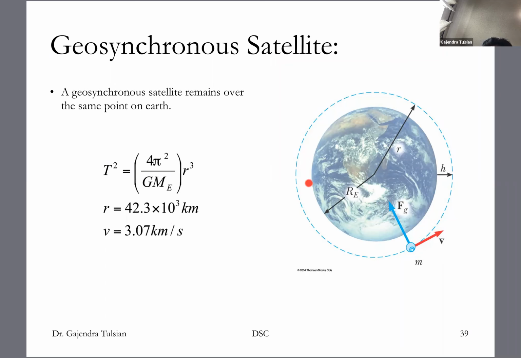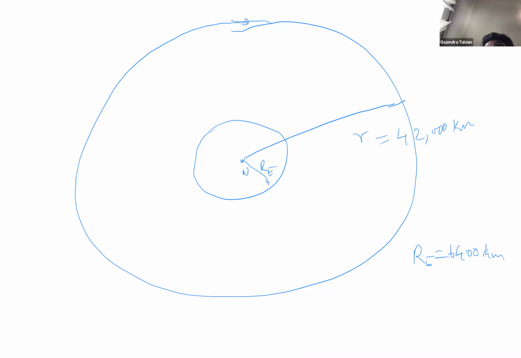And this radius is 42,000 kilometers. And there's the equator. This satellite, which is going at about 3 kilometers a second, will stay right about that same spot, because this guy is taking 24 hours to go around, and this guy is going 24 hours.